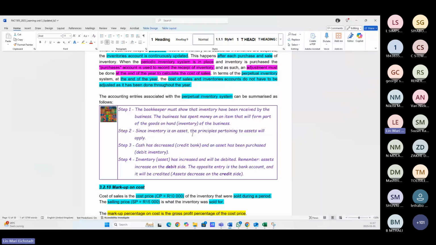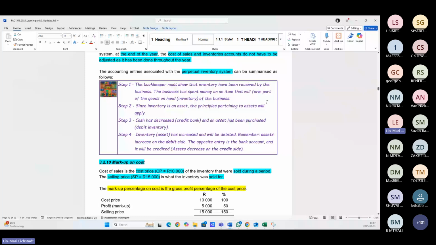The accounting entries associated with the perpetual inventory system can be summarized as follows. The bookkeeper must show that inventory has been received by the business. The business has spent money on an item that will form part of the goods on hand. Since inventory is an asset, the principles pertaining to assets will apply, and this is similar to what we did here.